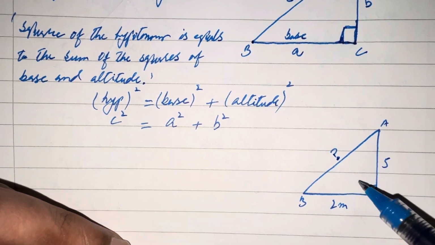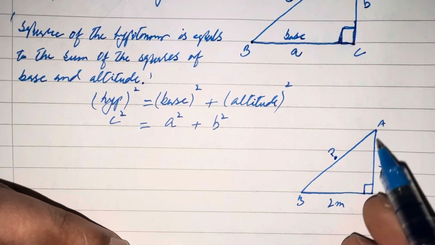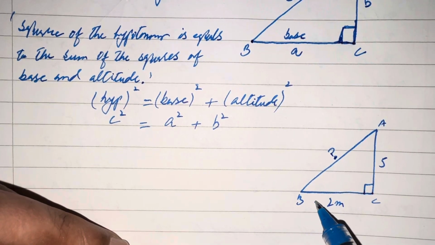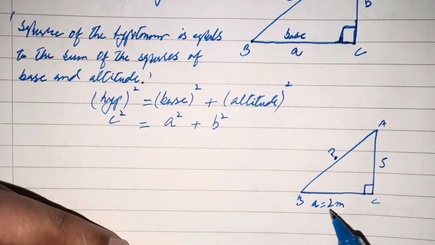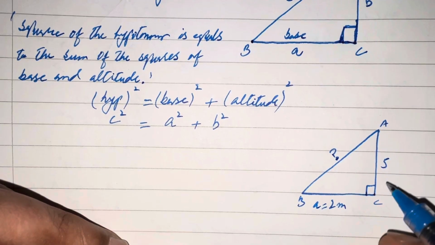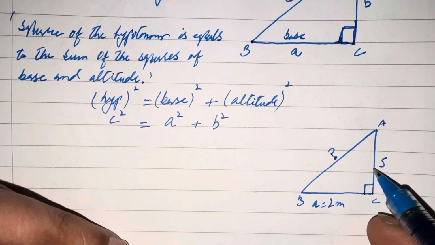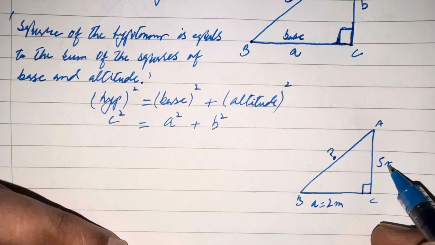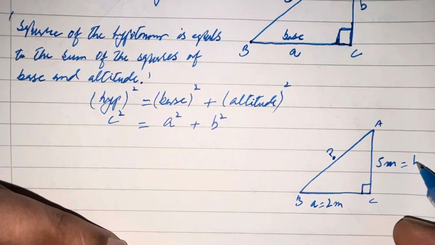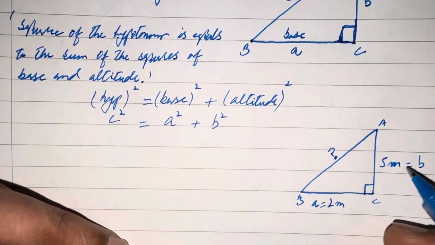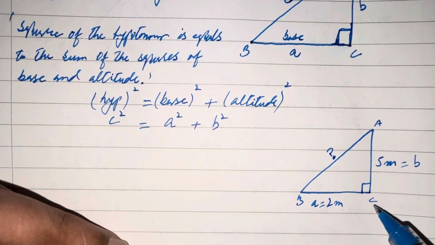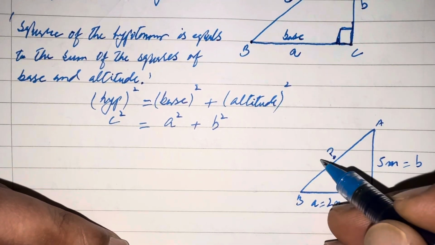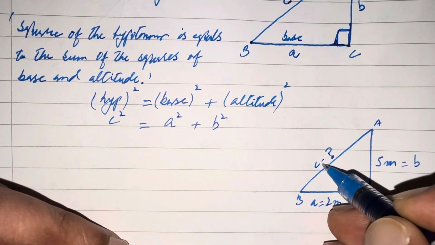In this right angle triangle, the side opposite to point A is small a, so small a is equal to 2 meters, and the side opposite to point B is small b, so small b is equal to 5 centimeters. The side opposite to the angle C is denoted by small c.